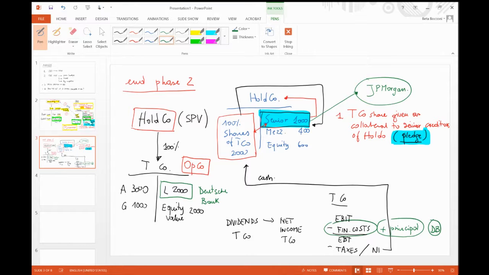And in fact, the creditors of the TICO company are always paid first, then the creditors of the holding company, because the holding company is one level above. So the paradoxical situation is that JP Morgan on top can be paid only after all the creditors of the TICO company can be paid.